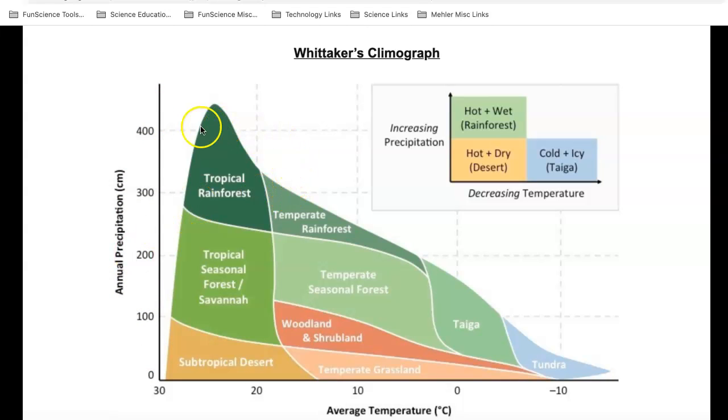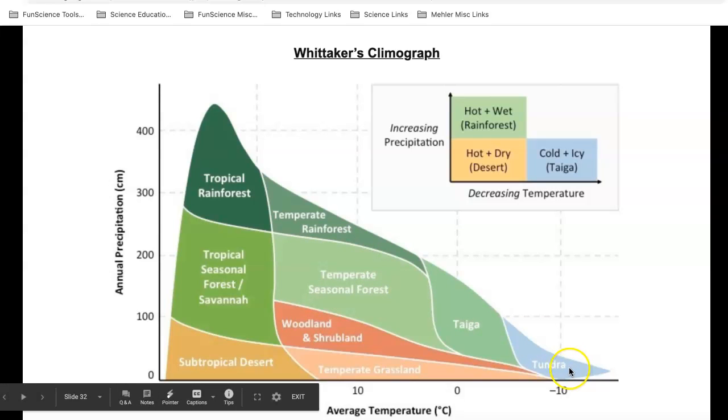So if you're in an area that has lots and lots of rain, and it's pretty warm most of the time, over time you're going to have a tropical rainforest. Where we live, we have an average amount of water every year and an average temperature. So we have a seasonal temperate forest. If we are super cold and don't have much precipitation, we might have a tundra. Take a look at temperate grasslands down here.